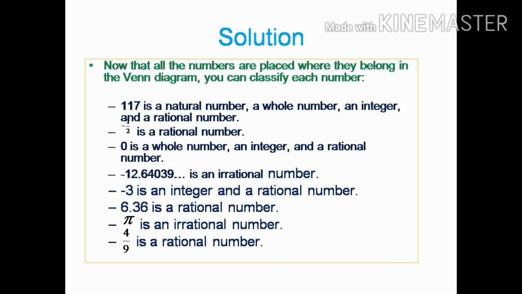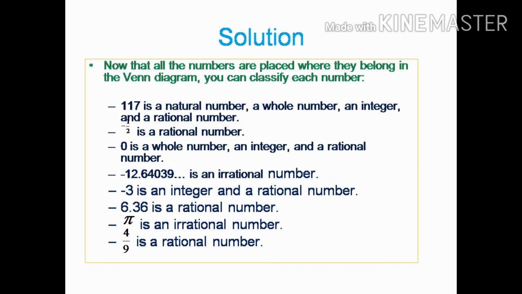Minus 1 by 2 is a rational number. 0 is a whole number, an integer and a rational number. Minus 12 point so on is an irrational number. Minus 3 is an integer and a rational number. 6.36 is a rational number. Pi is an irrational number. 14 by 9 is a rational number.